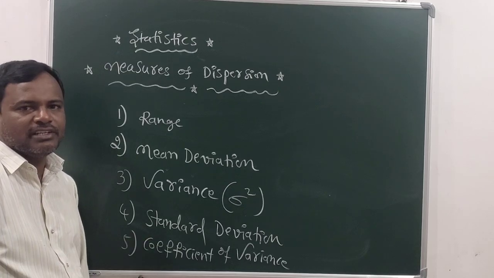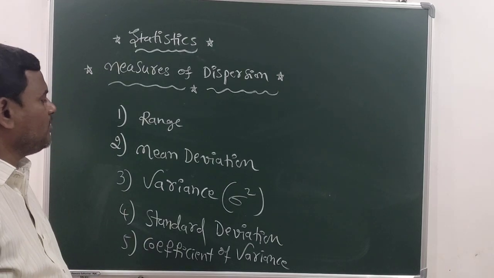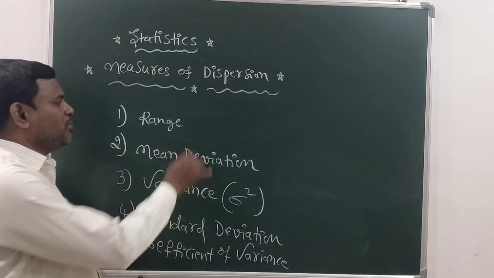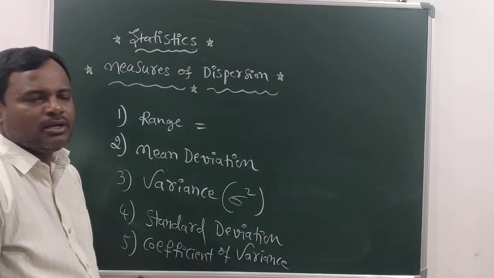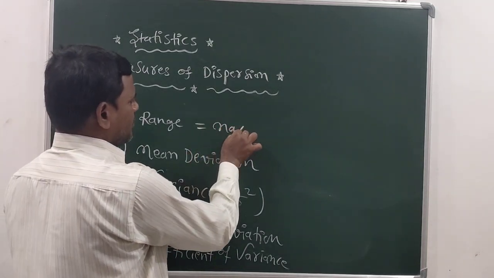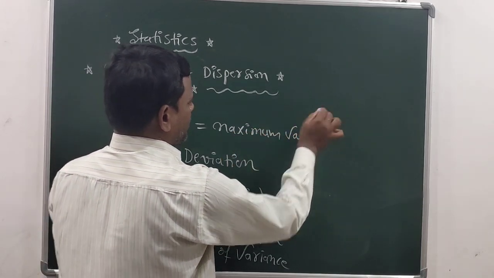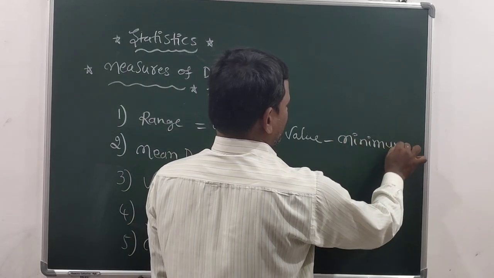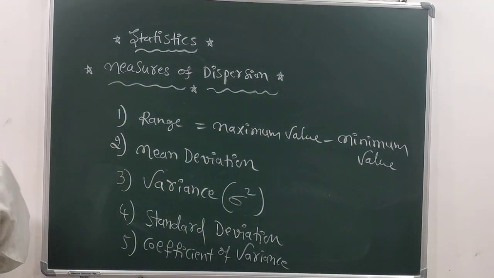See the first one, range. Data will be given to you and they will ask you to find the range of the data. Simply you have to take the difference of maximum value minus minimum value of the data, which is known as the range.